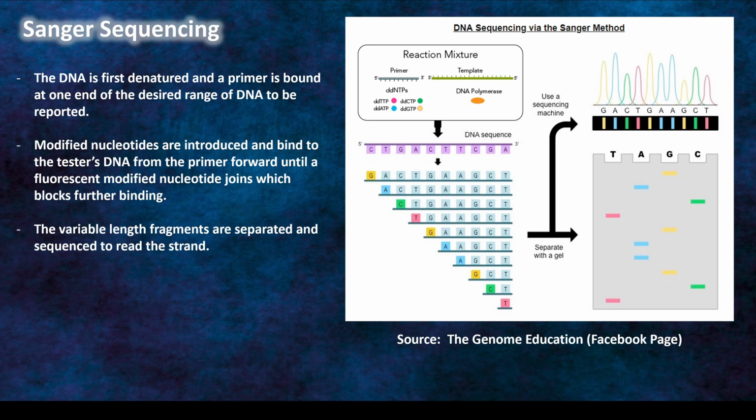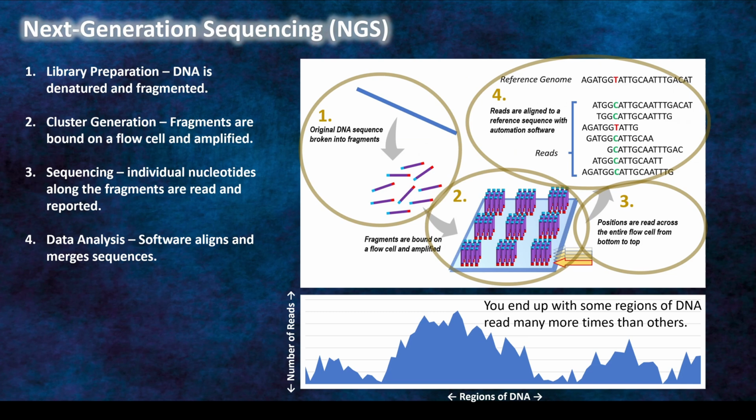Now, bear in mind, this is the original way that our entire genome was mapped back when it was first done, at a cost of something like $13 billion US. But that's not done today. We've moved on to next generation sequencing, which is the next thing that we'll talk about. Next generation sequencing is the technology that underlies both whole genome sequencing and tests like the Big Y-700 today.